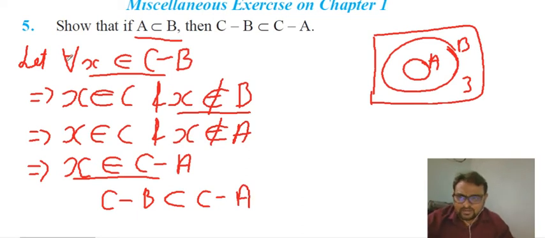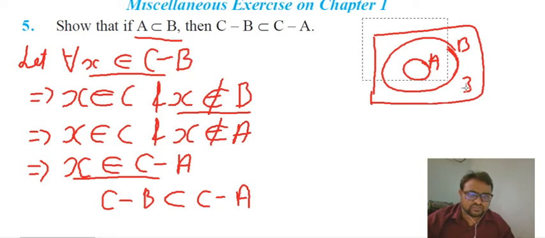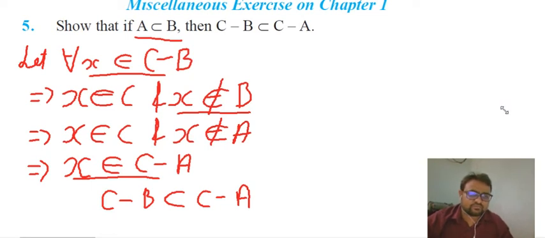Because for all the elements X belonging to C minus B, that element X will definitely be there in C minus A. So this was about question number 5. Just note it down.